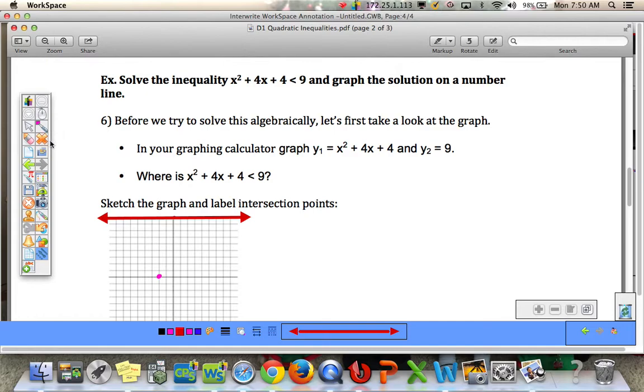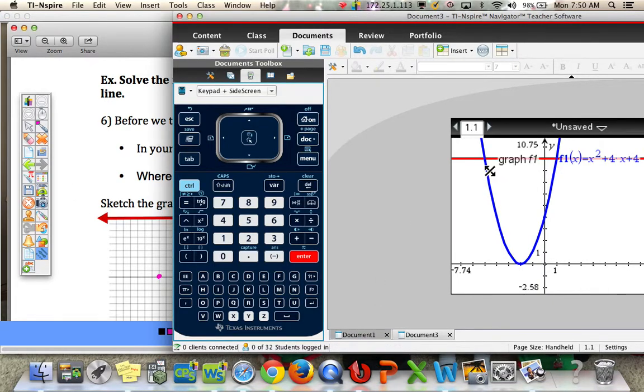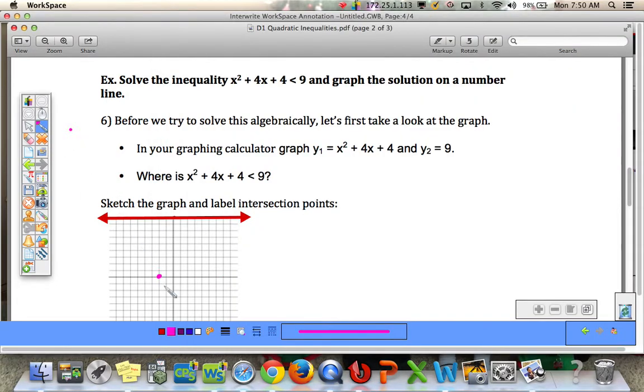And where were the intersection points? Let's go back here. And it looks like the intersection points were at 1 and 1 and 5. Okay, so 1, and then 1, 2, 3, 4, 5. Okay, so there it is. They were at 1 and 5.